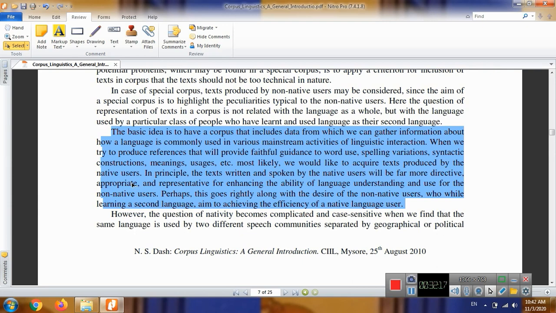In principle, the text written and spoken by the native user will be far more directive, appropriate, and representative for enhancing the ability of language understanding and use for the non-native users. Perhaps this goes rightly along with the desire of a non-native user who, while learning a second language, aims to achieve the efficiency of a native language user.